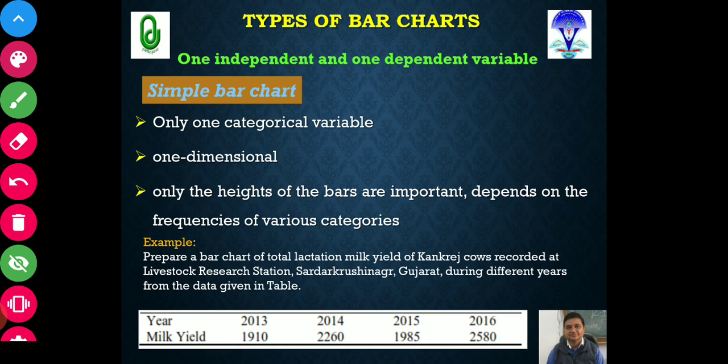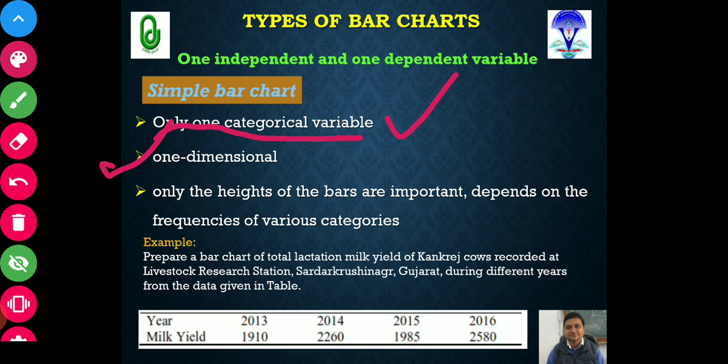For now, just consider that there is one independent variable and one dependent variable. For that, you have to prepare a simple bar chart, with only one categorical variable. So you are dealing with only one categorical variable. We will see what one categorical variable is, and this kind of diagram is called a one-dimensional diagram.